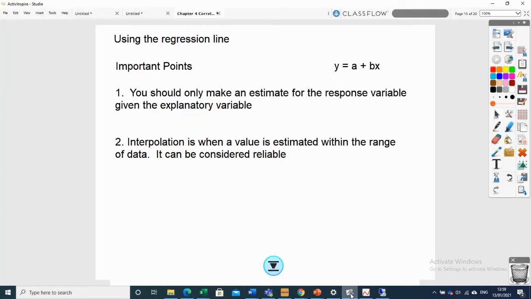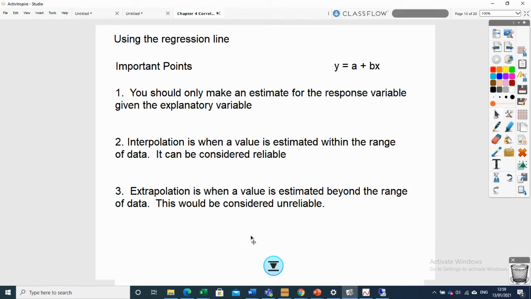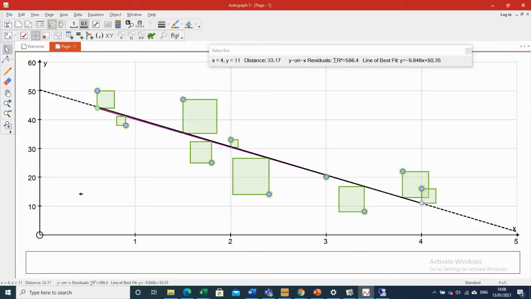The other thing that we could do, or couldn't do, is extrapolation. This is when the value is estimated beyond the range of data. Again, going back to here, if I had an x value below 0.6, so in this area here, or above 4, so in this area down here, we call this extrapolation.